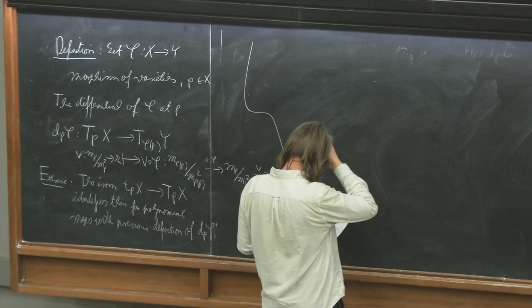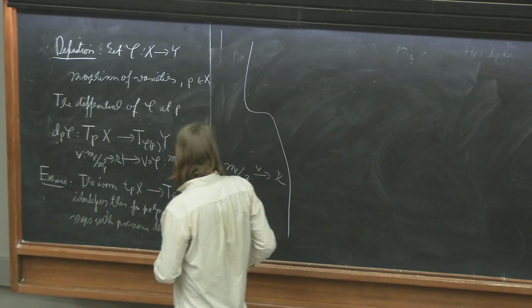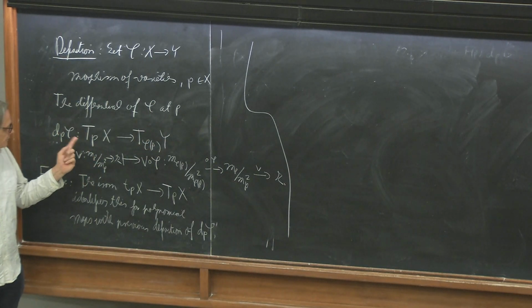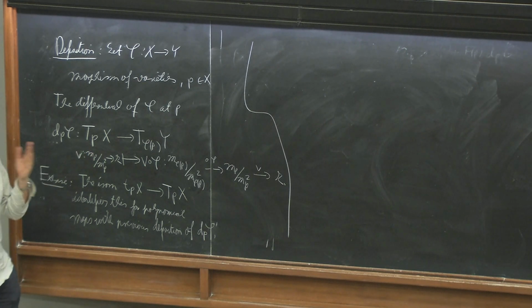So now, obviously, if we have this definition, it makes it clear that the tangent space depends only on a small neighborhood of P, no? Because it just depends on the local ring.